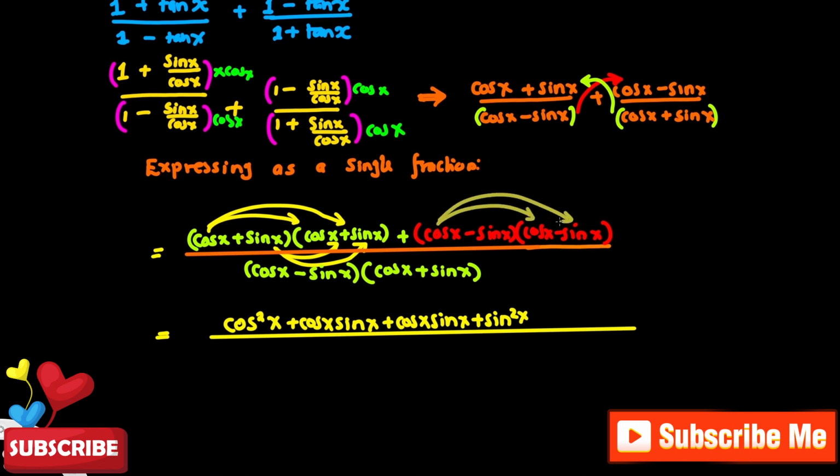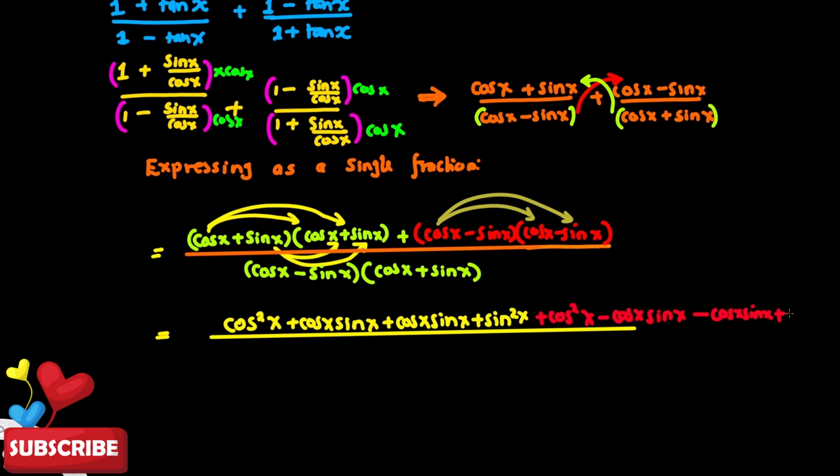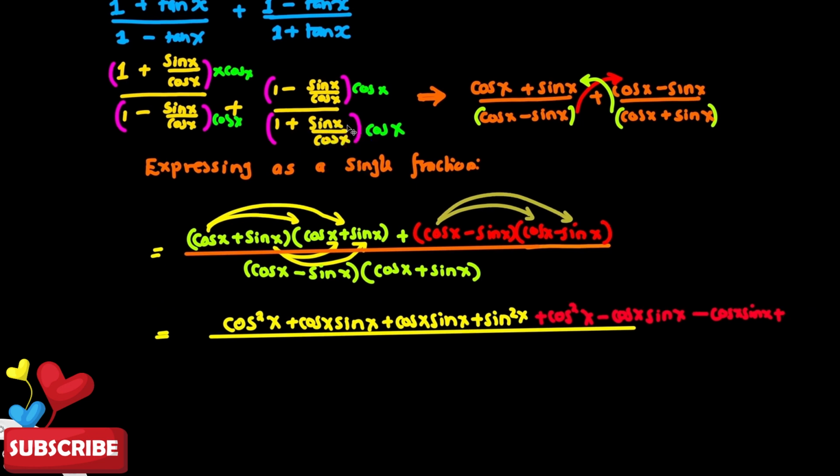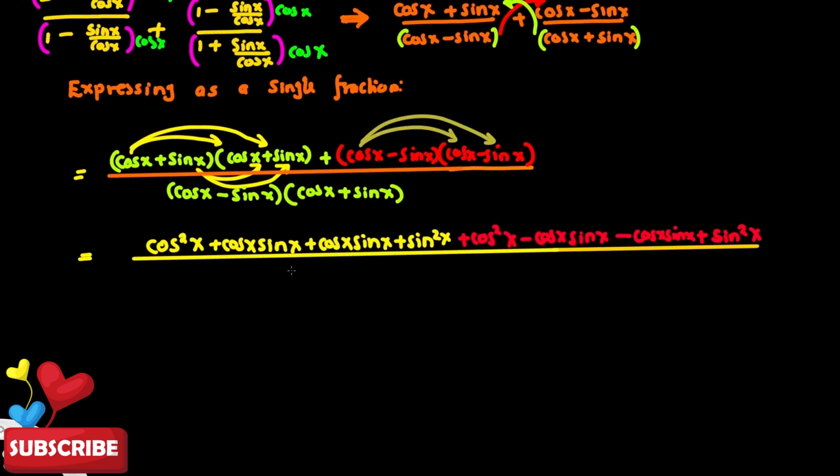We move to this one also, we shall have what? Cos squared x, and then this is going to be minus cos x sin x. This other part is going to be also minus cos x sin x, and finally sin x times sin x will give us positive sine squared x at that particular point.